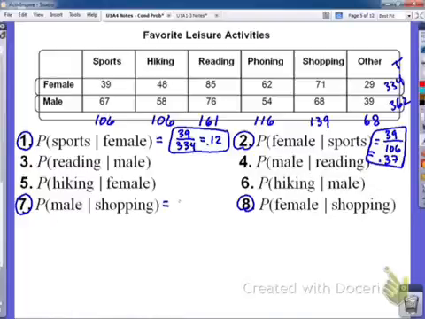The number of males who prefer to shop are 68. And the total number of people that prefer to shop is 139. And that gives me what as a decimal? Let me hear from Christian. 0.49.